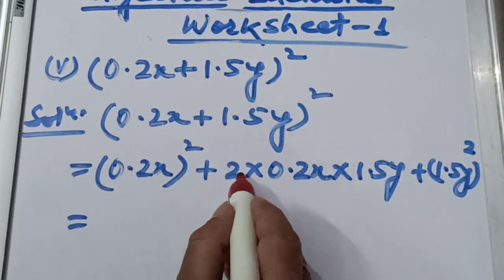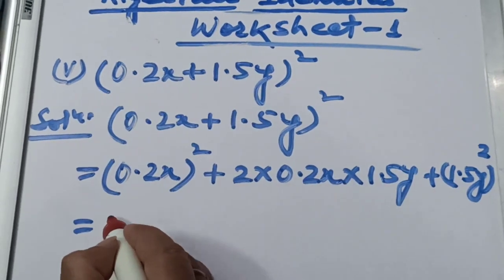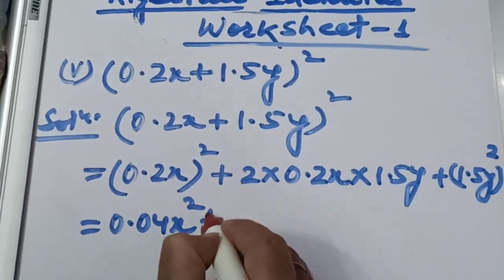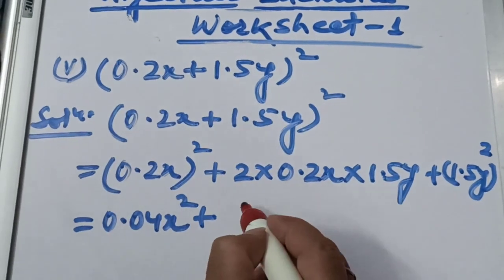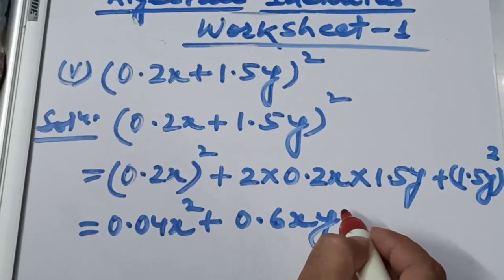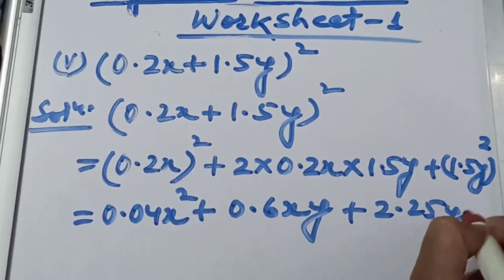A square plus 2a into b plus b whole square: 0.04x square plus 0.6xy plus 2.25y square.